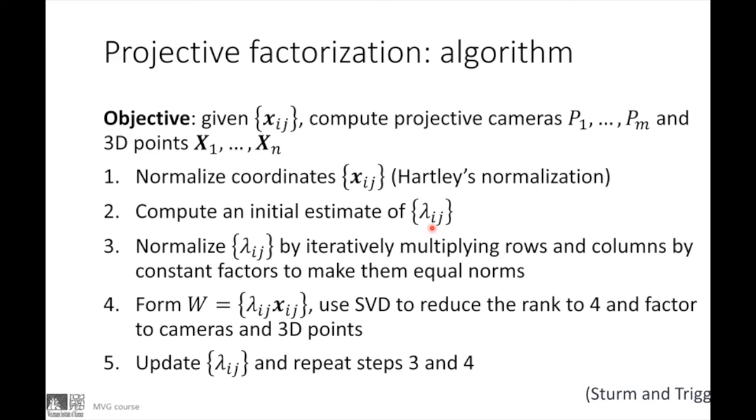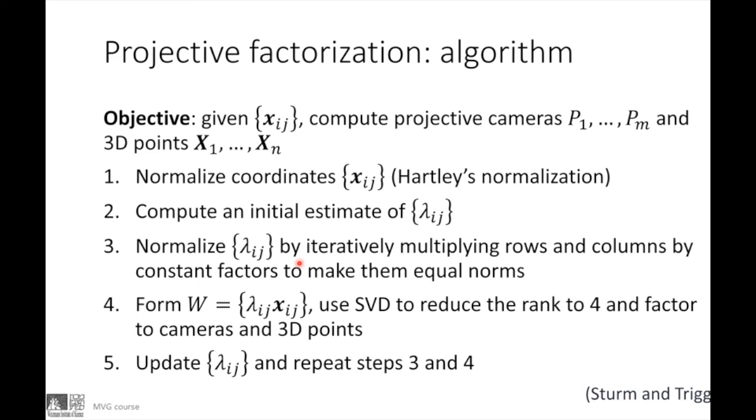The norm should be square root of m, square root of n. So this is just a normalization step. It's not really important, but we use it because we want the process to be numerically stable. And as I said, scaling the norms of lambda ij or of the rows or the columns doesn't change the projective reconstruction.